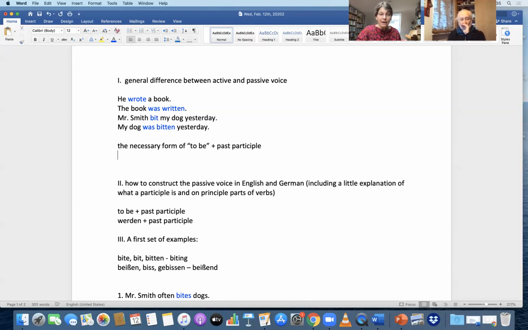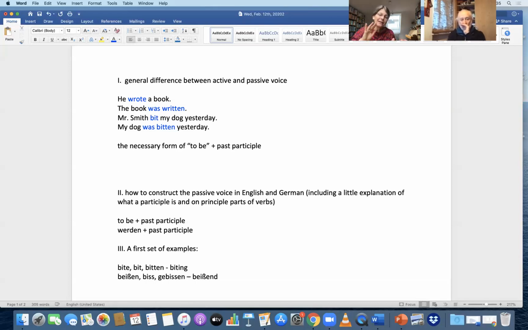In German, grammarians sometimes distinguish between actional passive voice and statal passive voice.